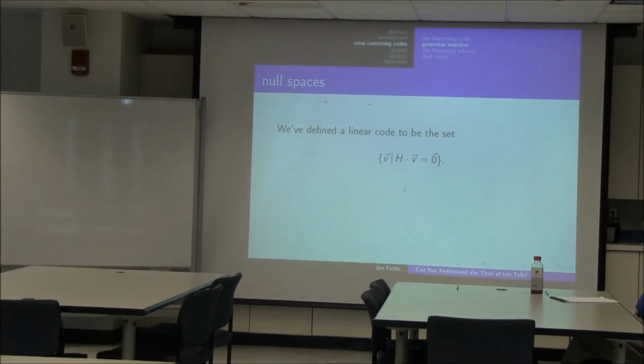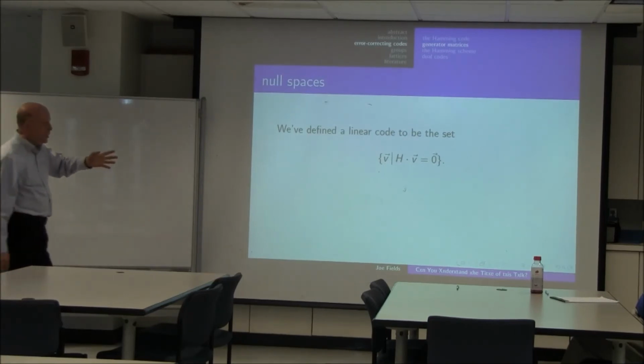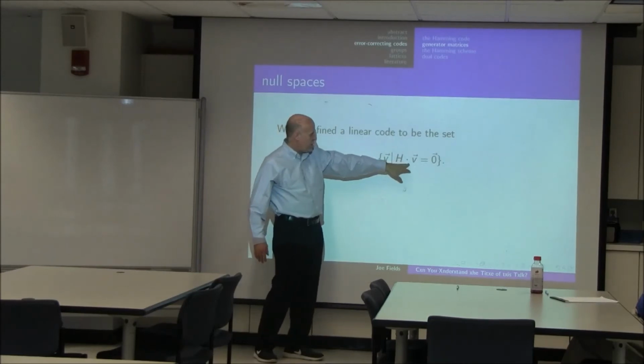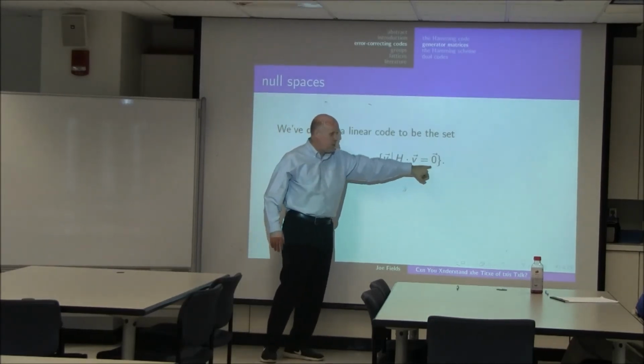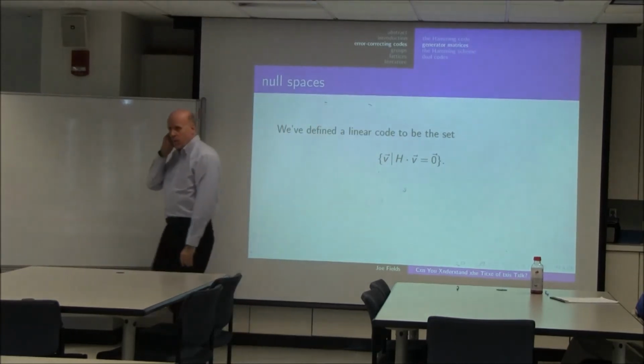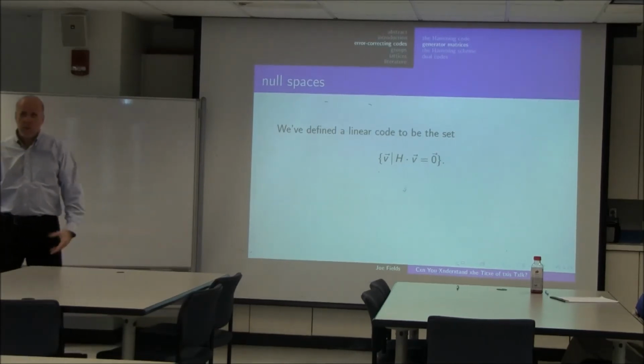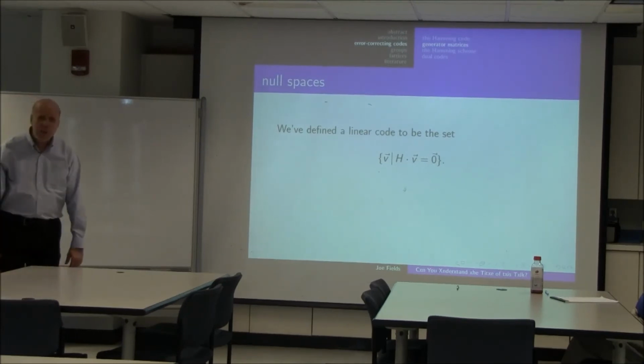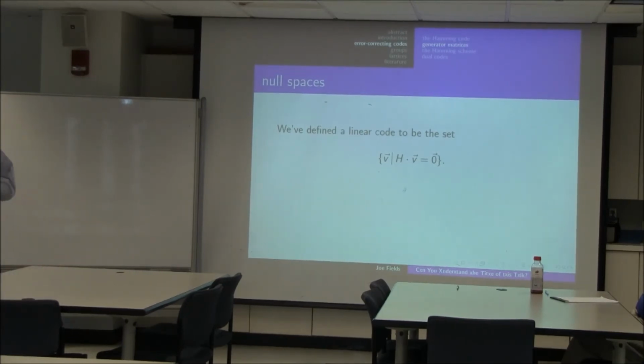This is what we just did with defining the code in terms of that parity check matrix. I said we're talking about the set of vectors V so that a matrix H times the vector V gives us the vector 0. But if you've done linear algebra, you've talked about null spaces of matrices before. That's what an error-correcting code actually is. So the code itself is a space.